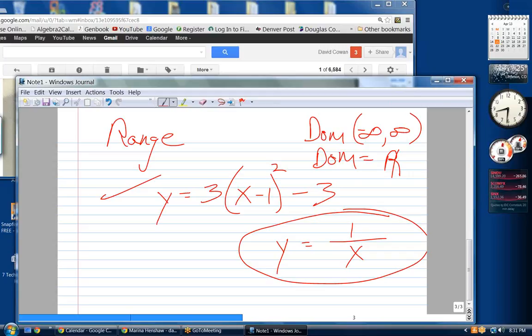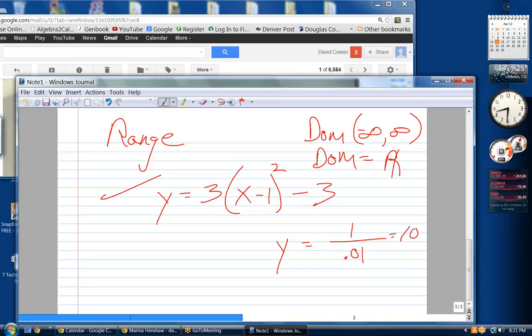Sure. So y can be negative. Y can be positive. Can y be negative infinity? Yeah, if I make x extremely tiny. Notice what happens to y as I play with x. What happens if I make x 0.1? Then y becomes 10. What happens if I make x 0.01?